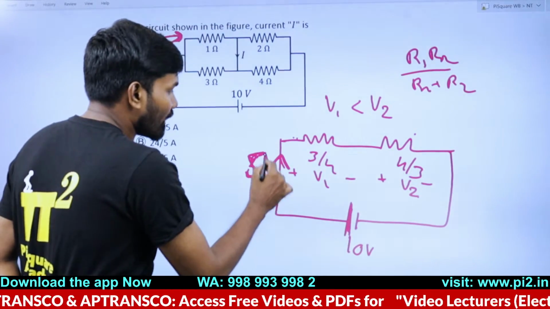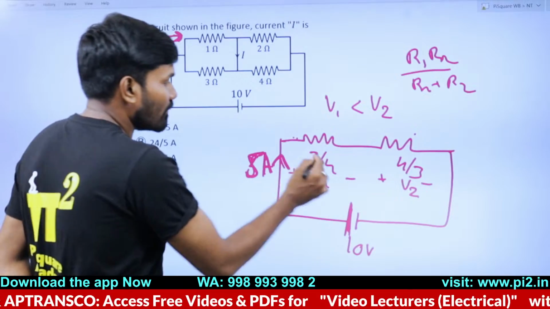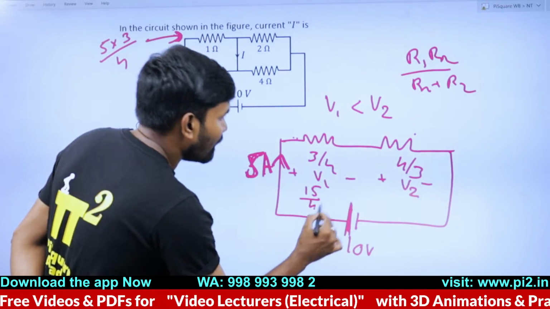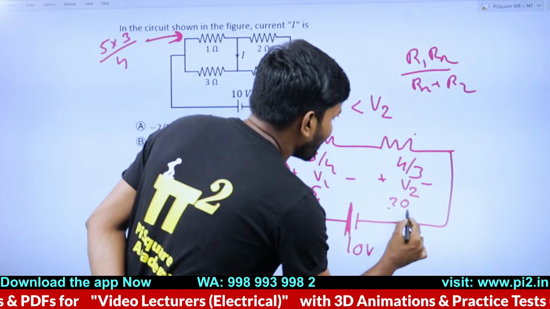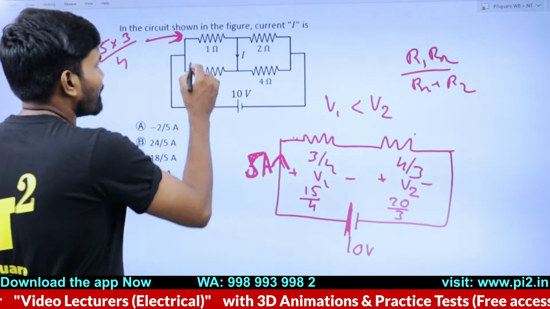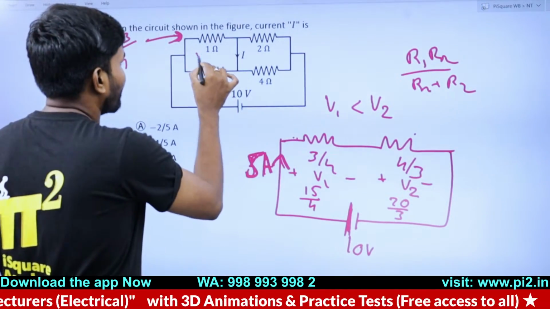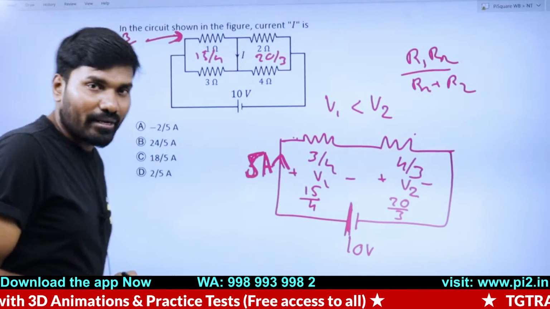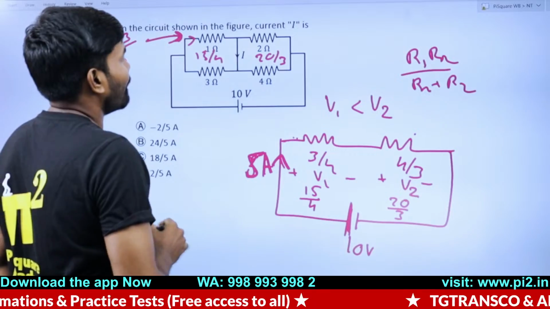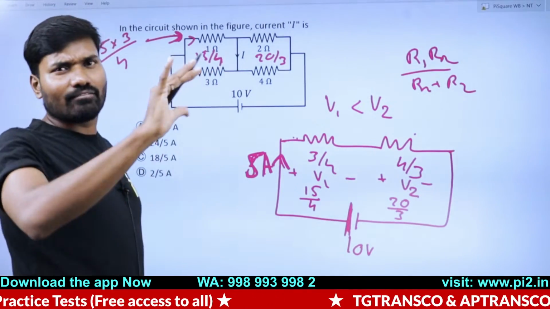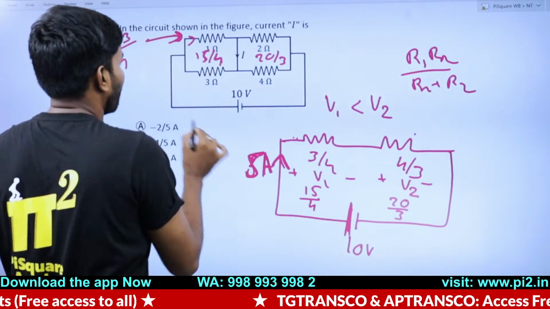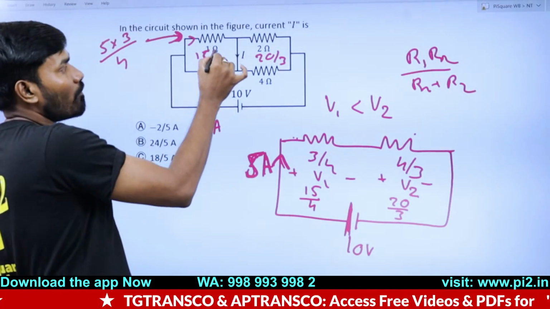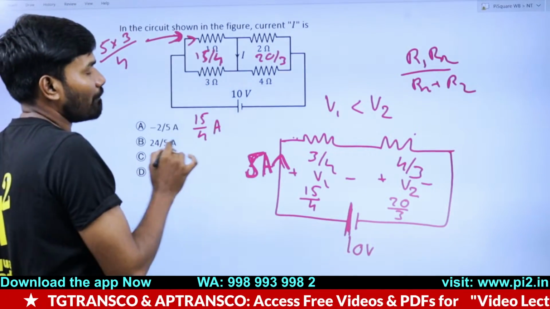So we got the current approximately 5 amperes. This voltage here will be 15 by 4, and this voltage here will be 20 by 3. This is just an approximate number. Now tell me, the current in this, qualitatively, is 15 by 4 ampere, because 1 ohm is the resistance.